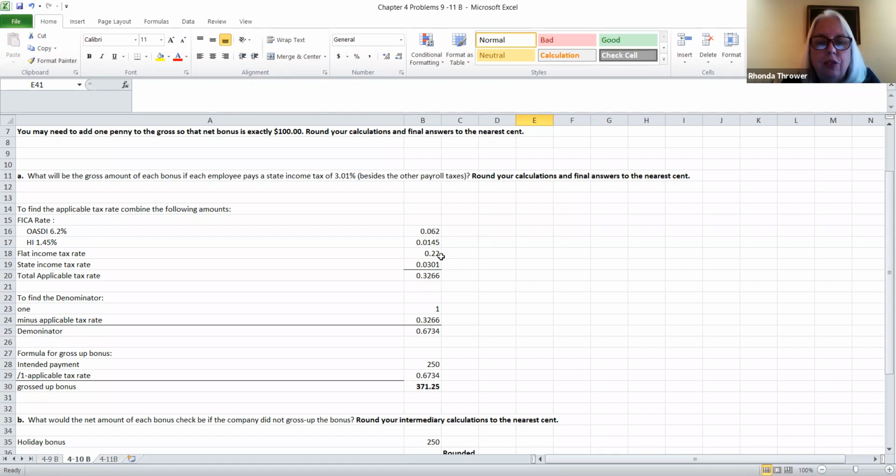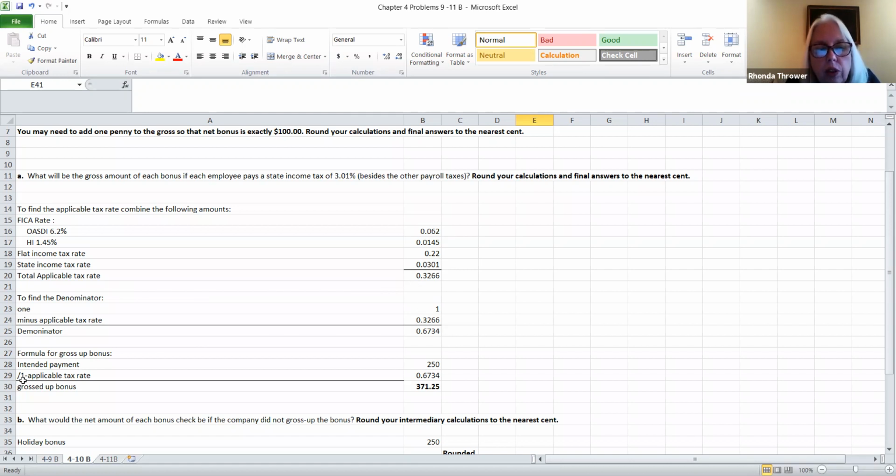I converted these to decimals and I added them together to get my total applicable tax rate. This total applicable tax rate has to be subtracted from 1 to give you the denominator figure of the formula.